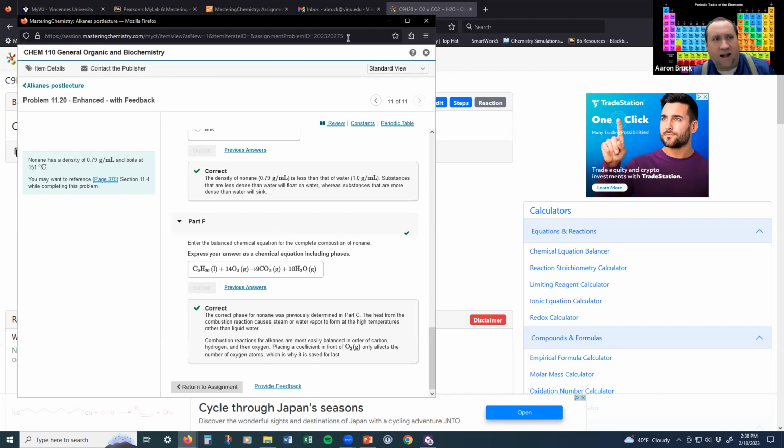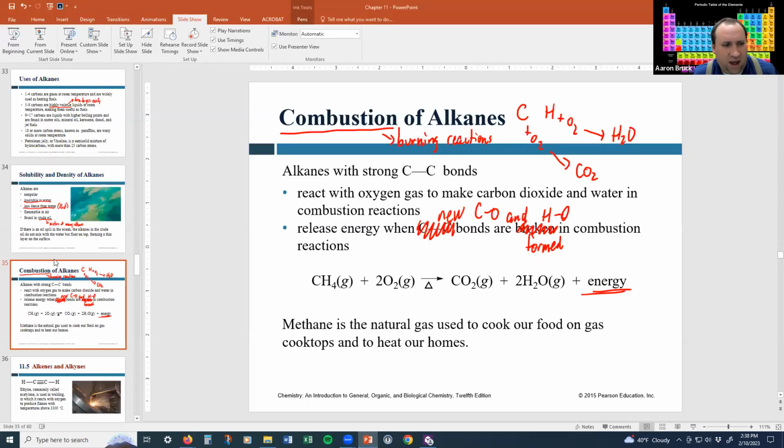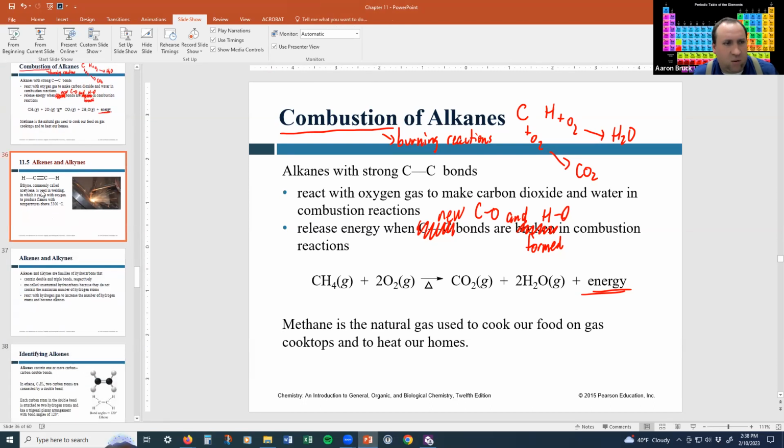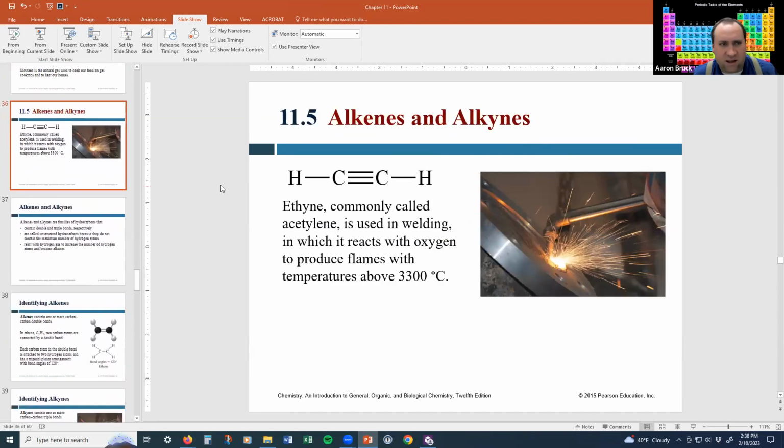So that's where we're going to stop here, just to look ahead now. Looking ahead to our next lecture, we're going to go from alkanes, where we had just single bonds everywhere, to a derivative of those, the alkenes and the alkynes, where we have double bonds and triple bonds between carbons being introduced.